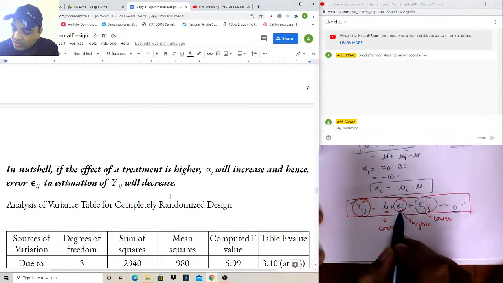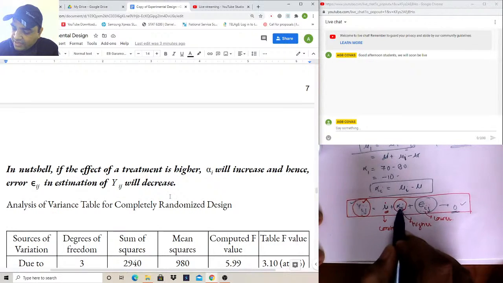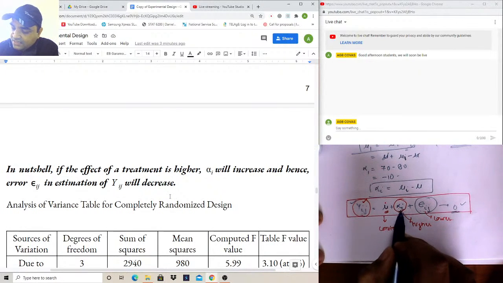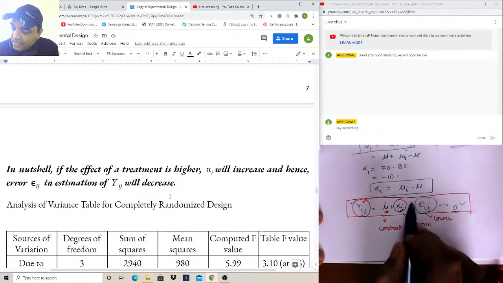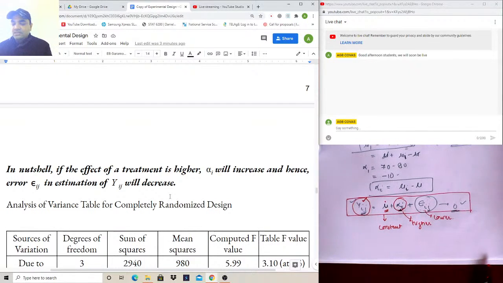It is not simply by chance that this is contributing, we can say that this has a significant effect on the estimation of y, and thus in our model the error of estimation is reduced. Okay, so this is how this CRD model works.